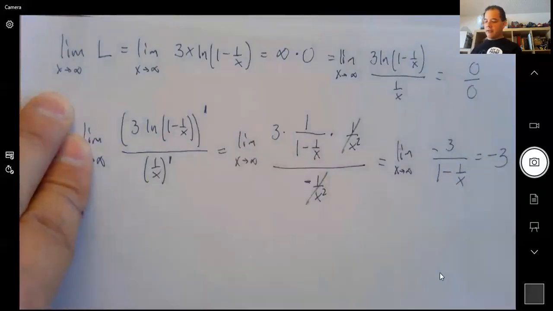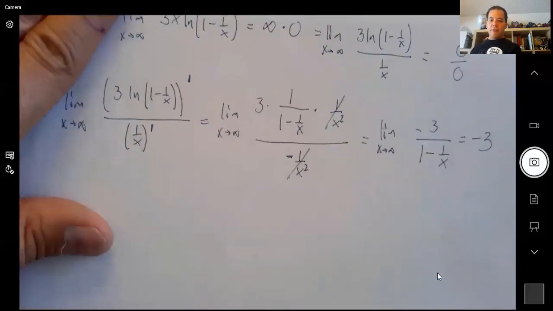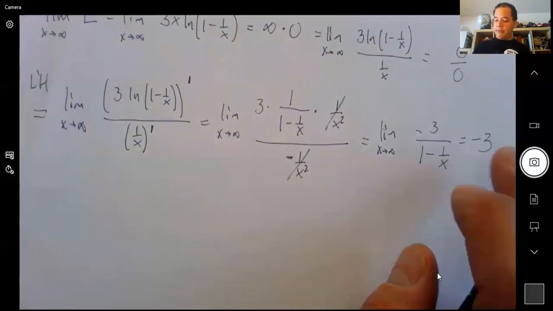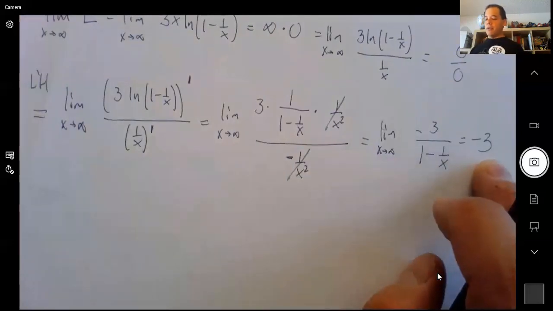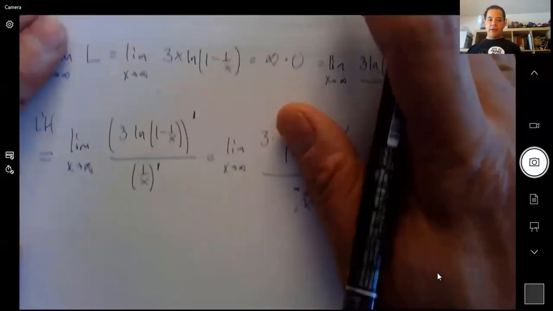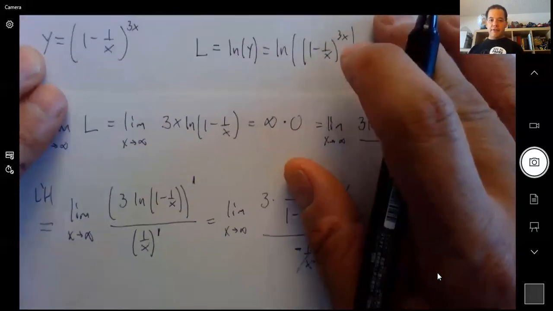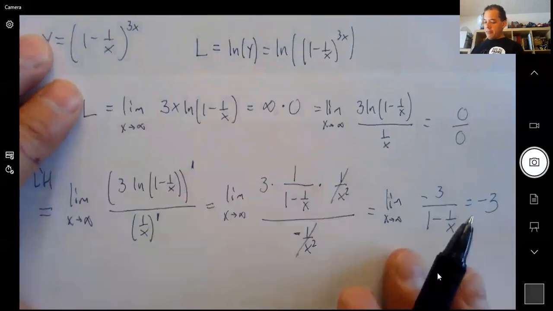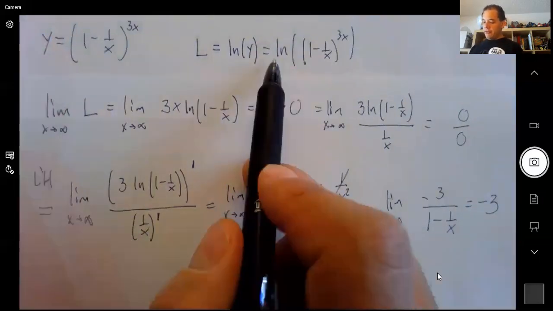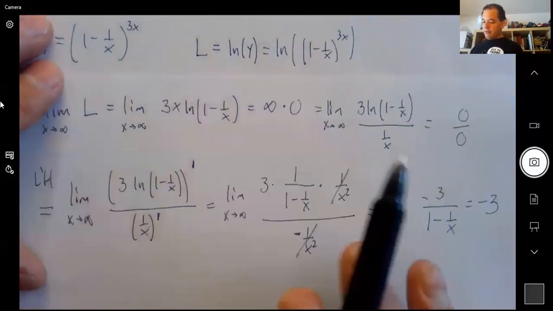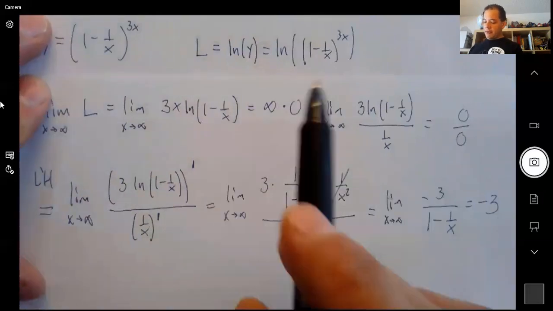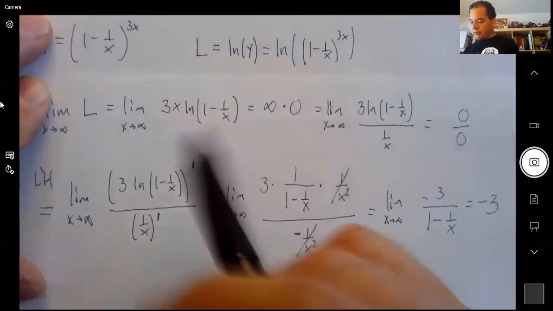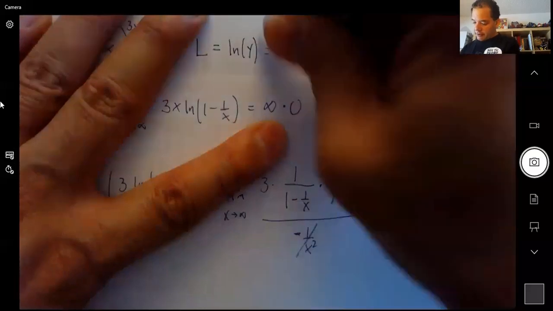All right? Now careful. Remember, this is not the answer to the problem. This is the answer to the middleman, to the auxiliary guy, right? So this is the answer to L. L is negative 3. But to get the limit we want, we really want to do, and by the way, L was already including the limit. I'm not writing this correctly.